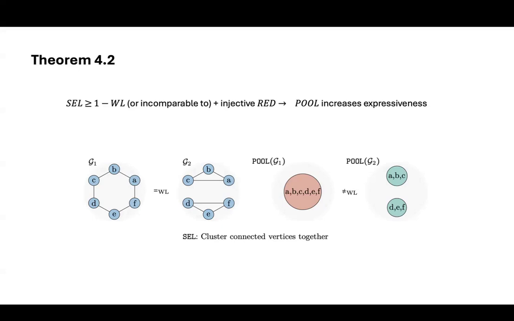So far we have shown that with an injective reduce and a powerful select, we are able to enhance the expressiveness without any condition on the connect function. We were also able to prove that leveraging a suitable connect function can further improve the expressiveness of graph neural networks.